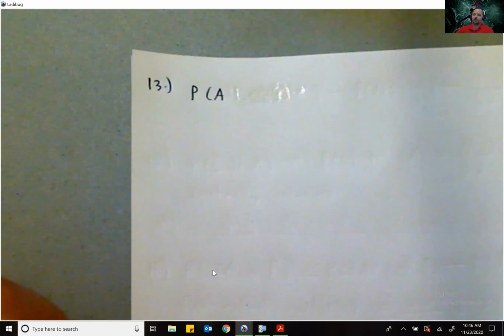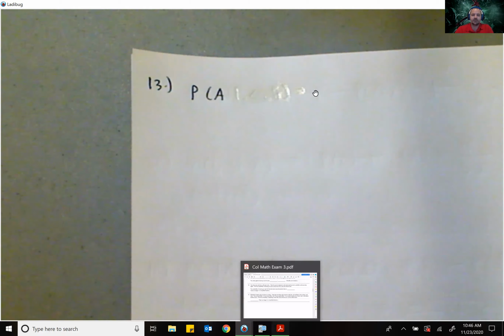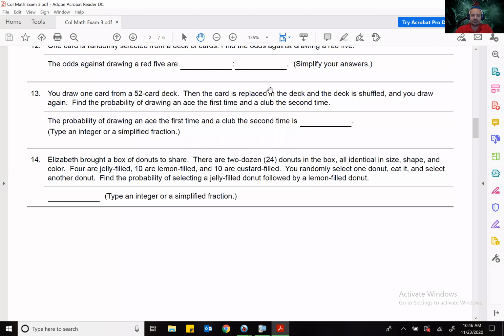With ands, we have to consider what the situation is. Remember, with ands, it's all about independent versus dependent. Independent events mean that the first event does not affect the second event. Dependent, the first one will affect the second one. The key here is that they said you will replace the card.